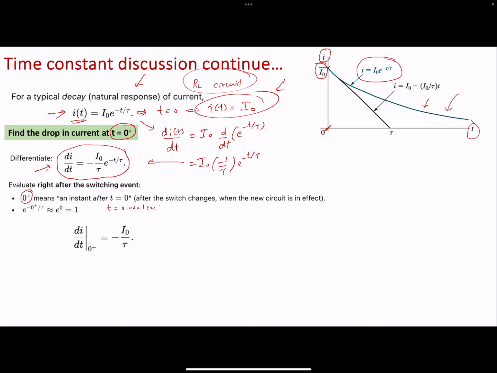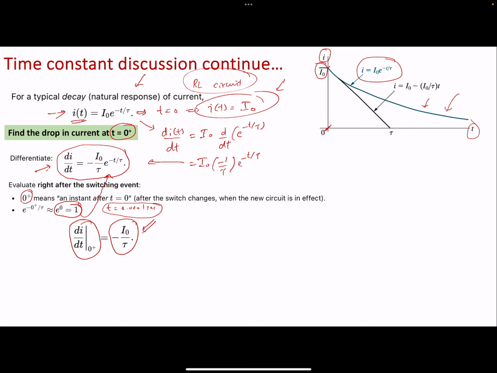However, t equals 0 positive means that e raised to the power 0 becomes approximately equal to 1. If we place this over here, di by dt at 0 positive comes out to be minus I naught over tau. So this is the amount of the decay that will start to happen.